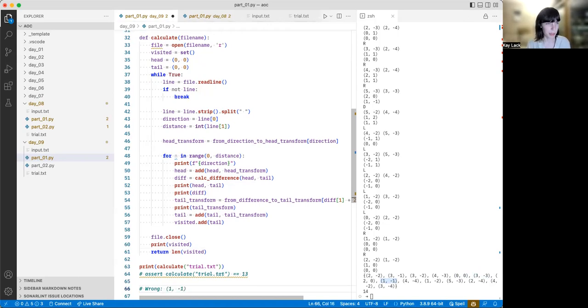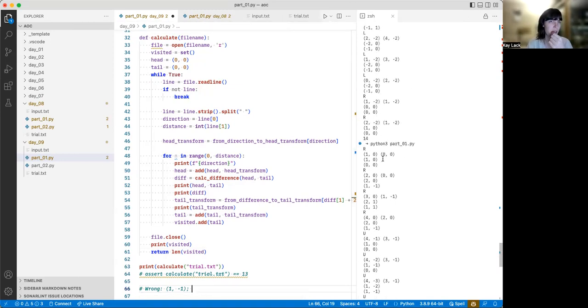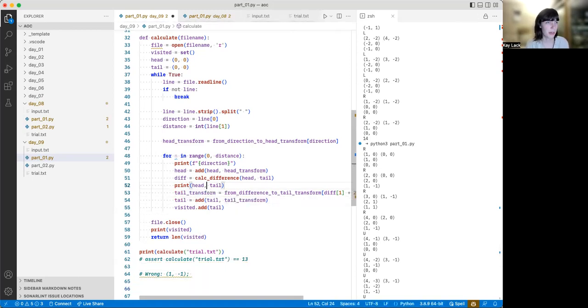Ooh, maybe in trouble here. Let's look at what it's doing. Okay, so where do we end up after each one? That's what I want to know now.